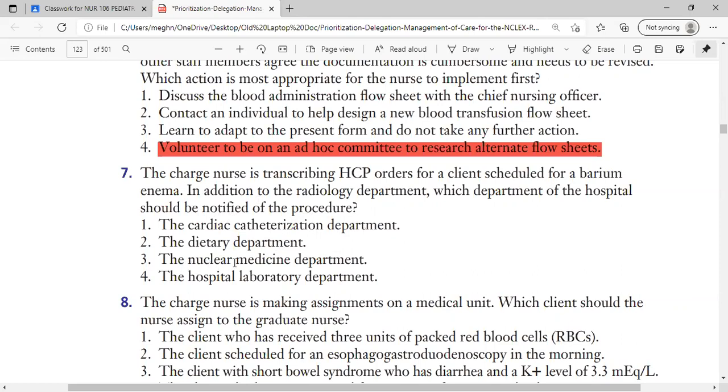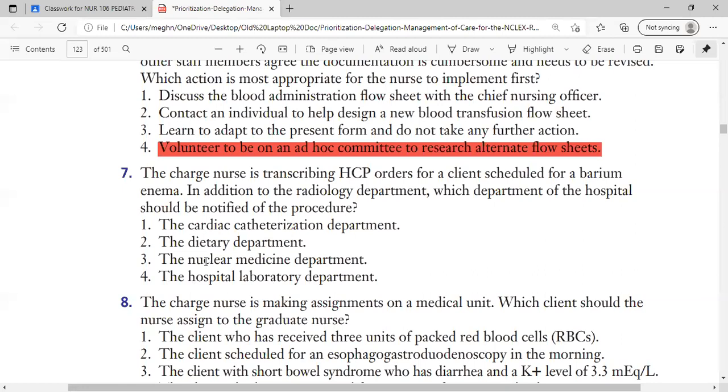Number 2, the dietary department. Number 3, nuclear medicine department. And number 4, hospital laboratory department. Let me tell you. Number 1 is not an answer. Number 4 is not an answer because this procedure does not involve the clinical laboratories.